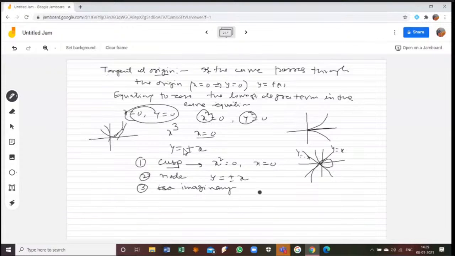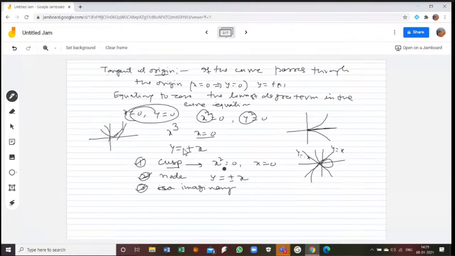And for imaginary, if the tangents are coming imaginary, meaning complex, then it is for the imaginary case. There is no graph of these imaginary tangents. We only consider the cusp and the node. So these are the natures of the tangent at the origin. If it is only x-axis or y-axis, then it's okay.